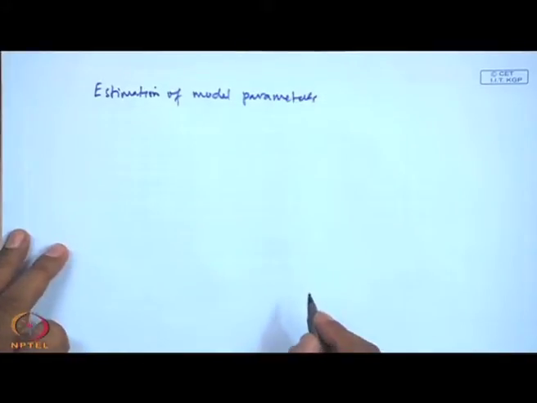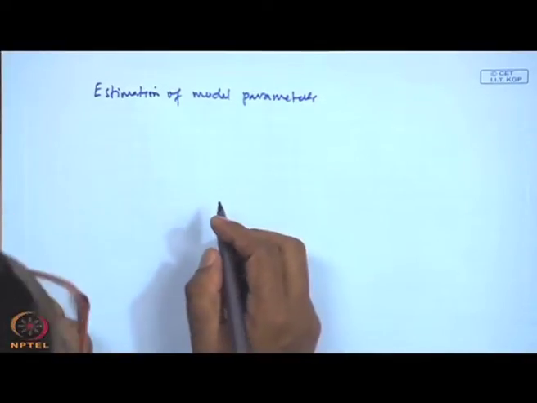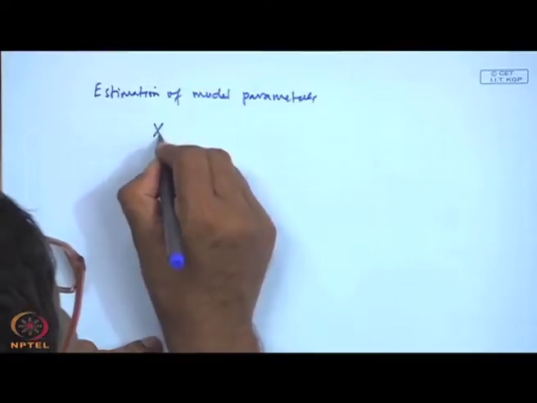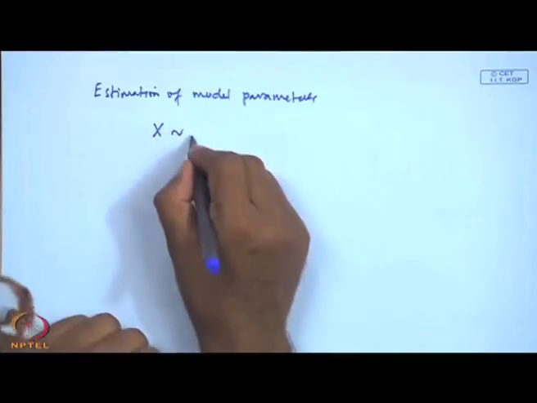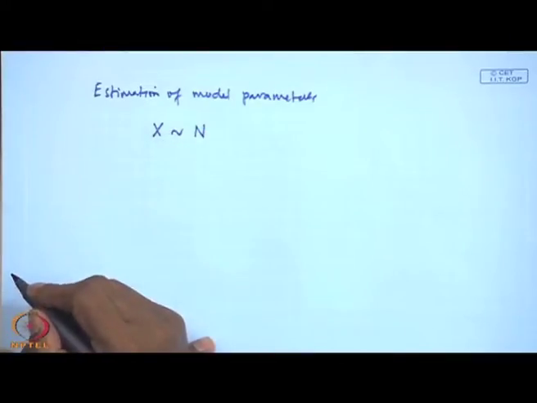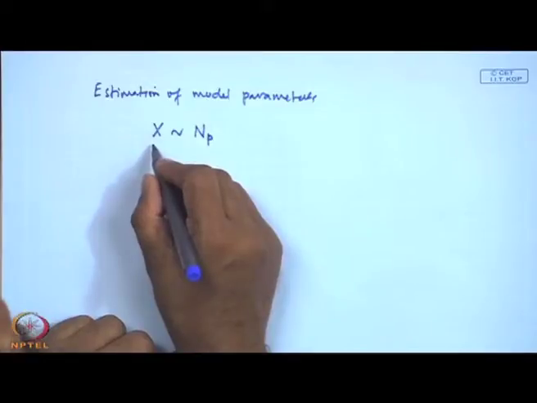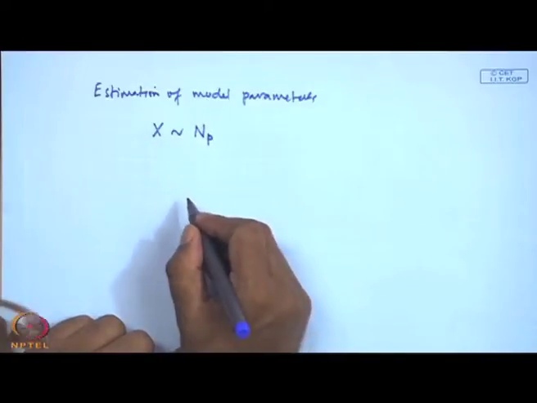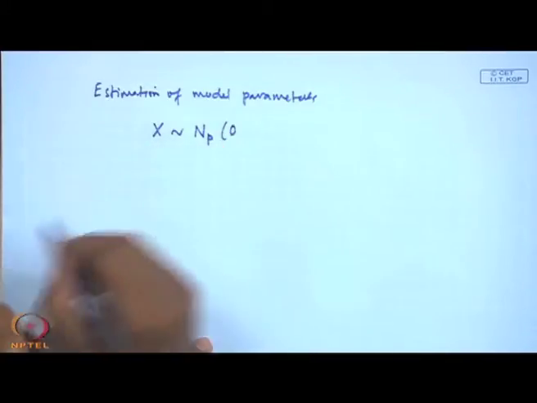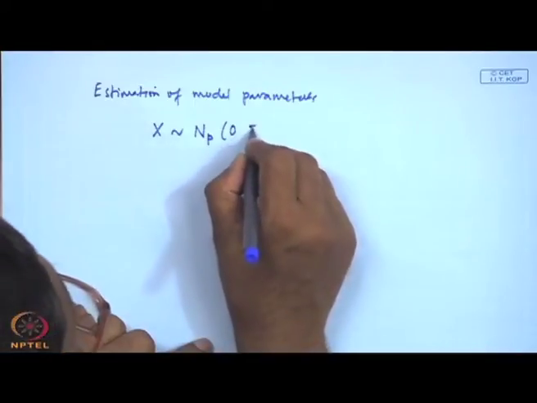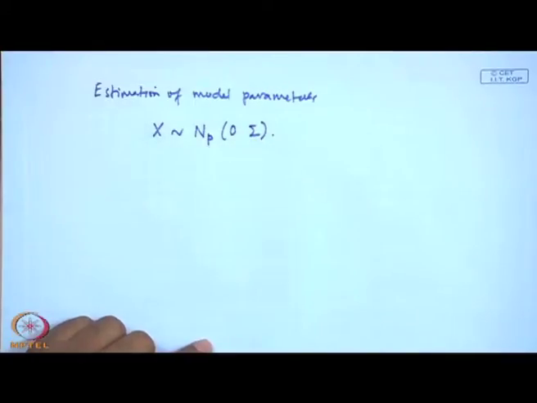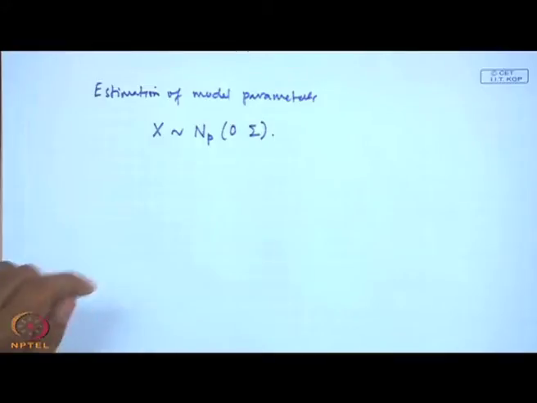Okay. So, you have seen that we assume that x, the manifest variable, is normally distributed. It is multivariate normal, with p variables, with mean 0 and variance covariance matrix capital sigma.